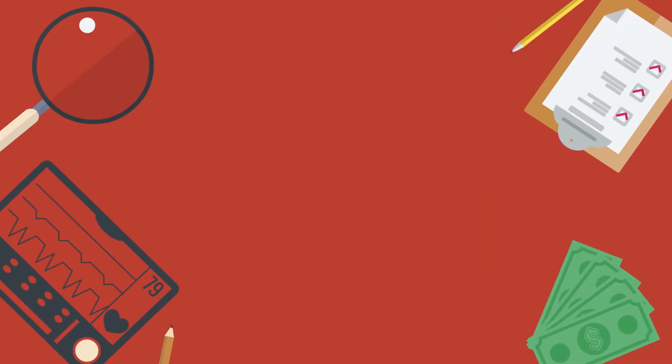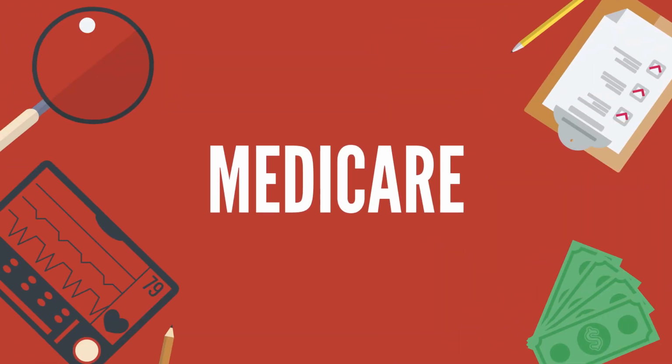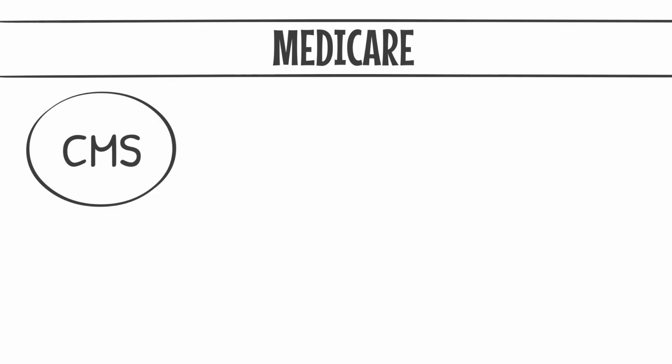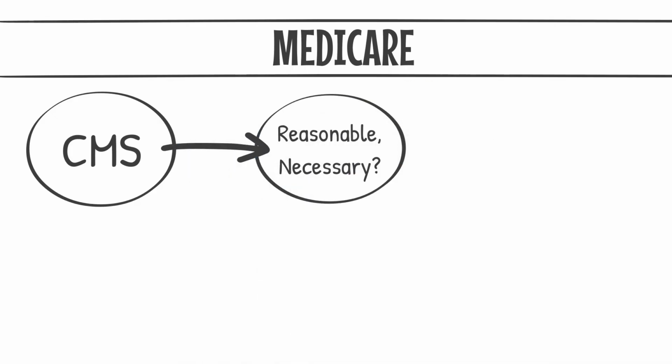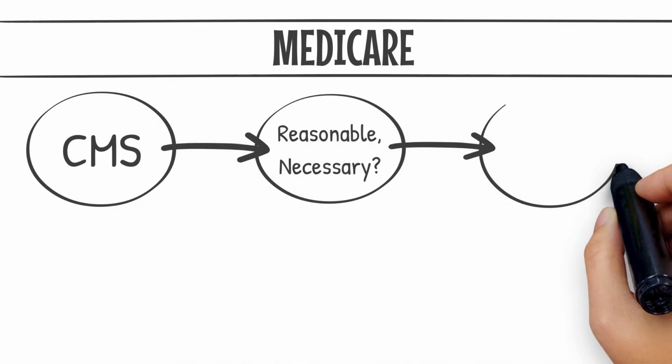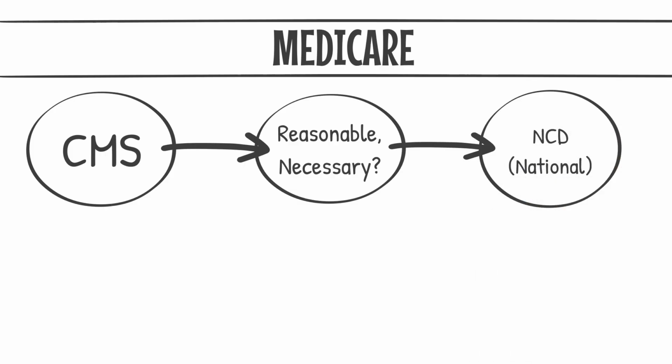Let's start with Medicare. And when I say Medicare, I mean traditional fee-for-service Medicare. It's run directly by the federal government through CMS, the Centers for Medicare and Medicaid Services. CMS decides if a device is reasonable and necessary and can issue a national coverage determination, or an NCD, that applies everywhere in the country.